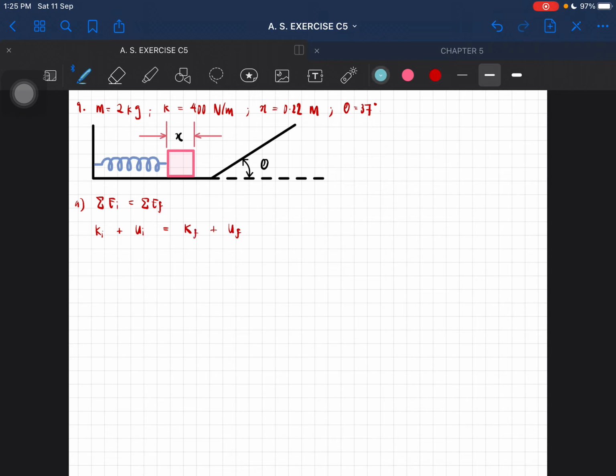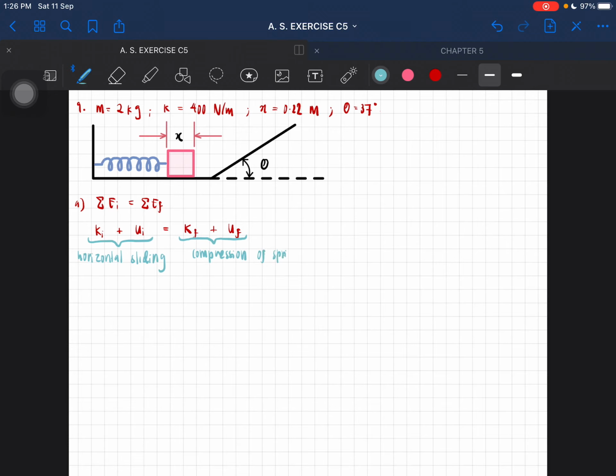But what you have to know is the final energy is for the horizontal sliding, whereas the initial energy is on the compression of the spring.